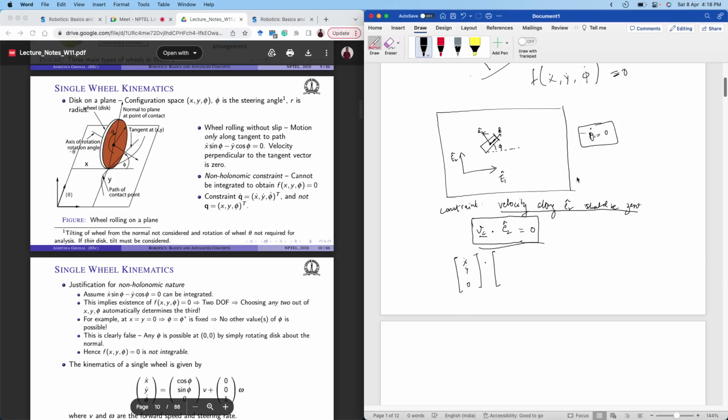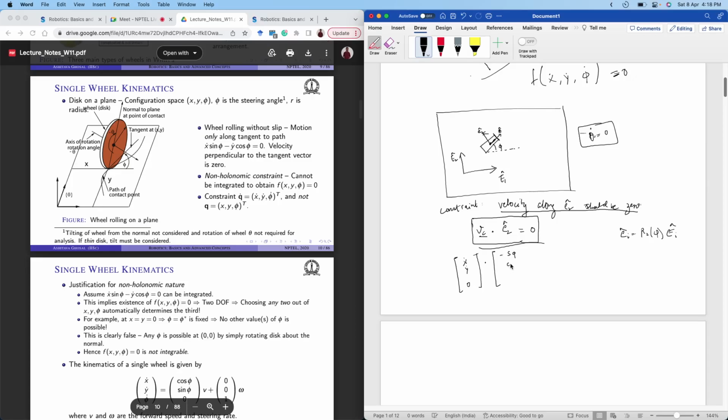Okay, so how do you write E2? Okay, so Ei is just Rz phi capital Ei. Okay, so this Rz will lead to what?